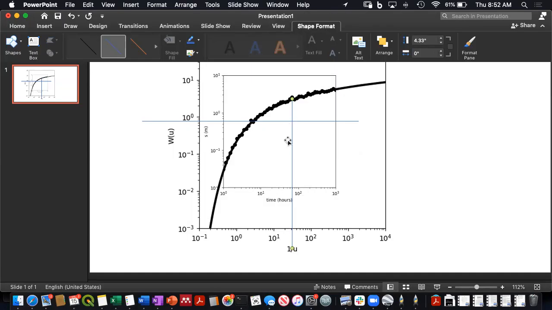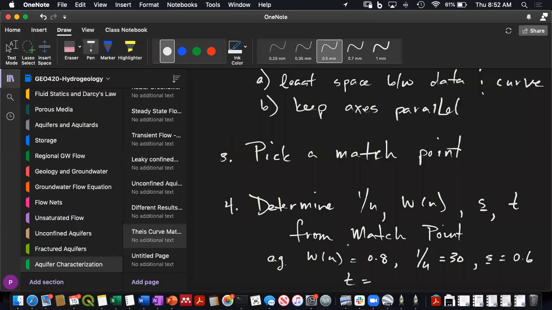And T, come down here, so this is 10, 20, 30, 40, 50, 60, 70.